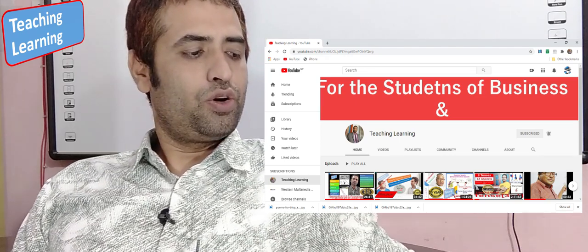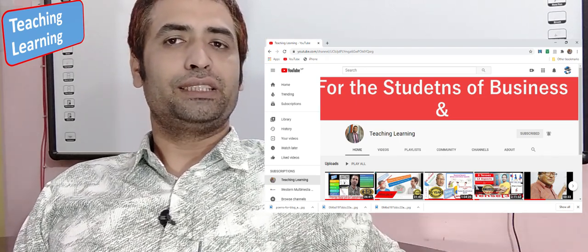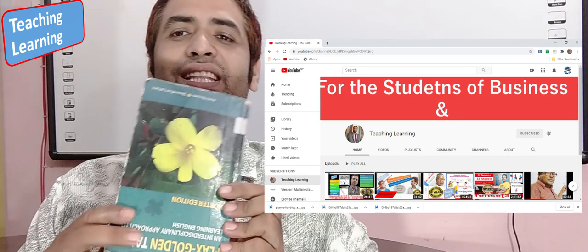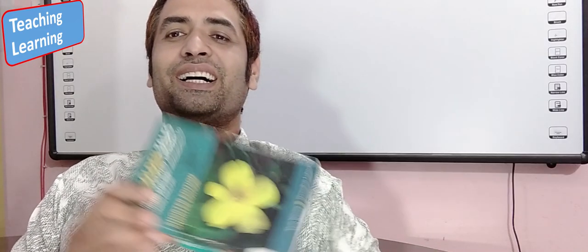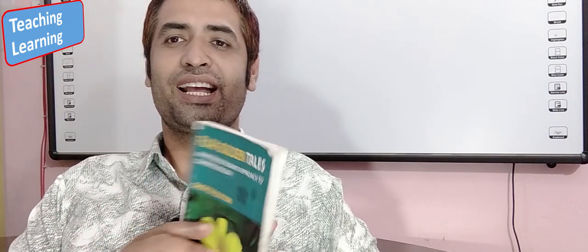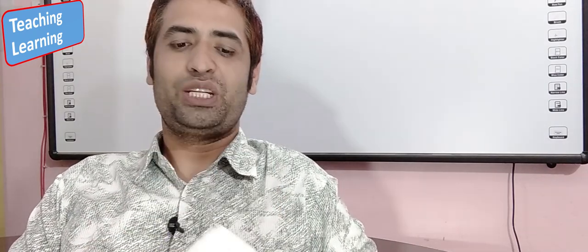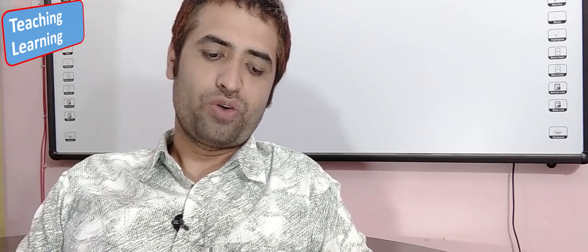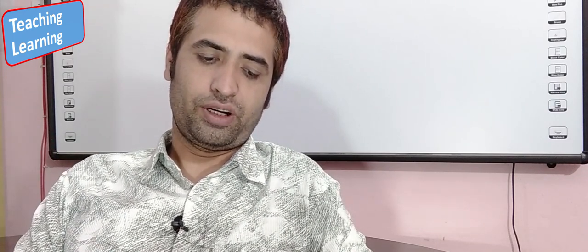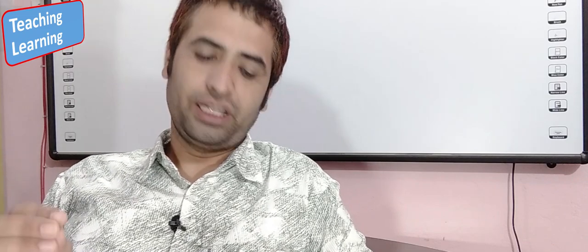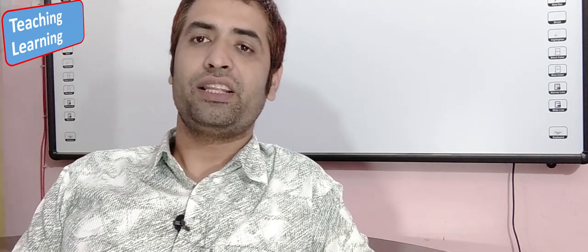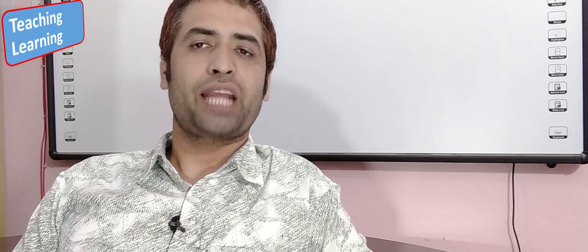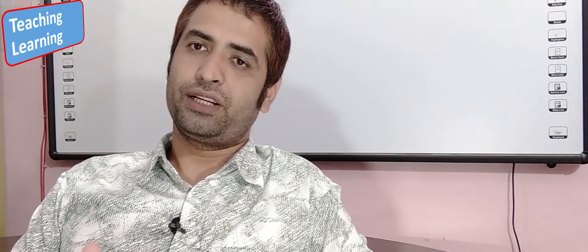Before I start, let me show you the textbook. This is the textbook, and as you know, there are altogether 13 units. Each unit has either 3 or 4 lessons, and they are categorized into various topics.